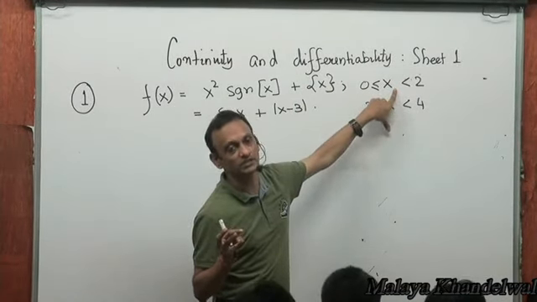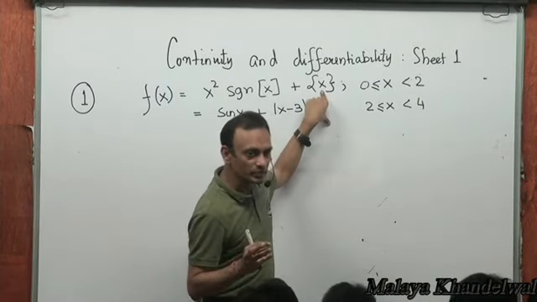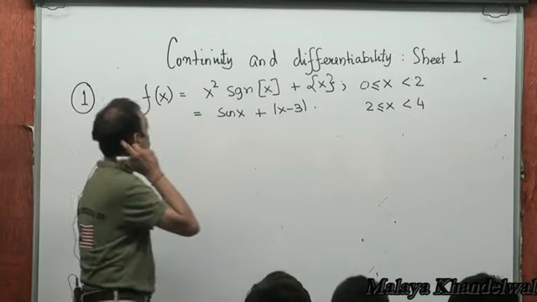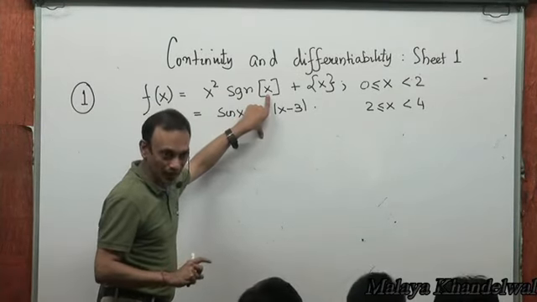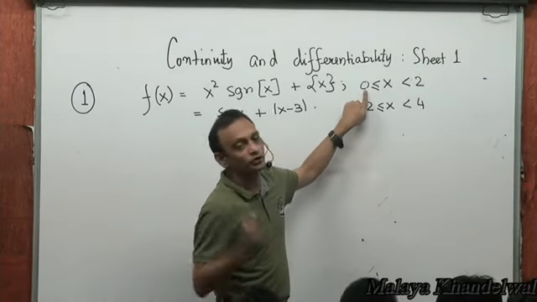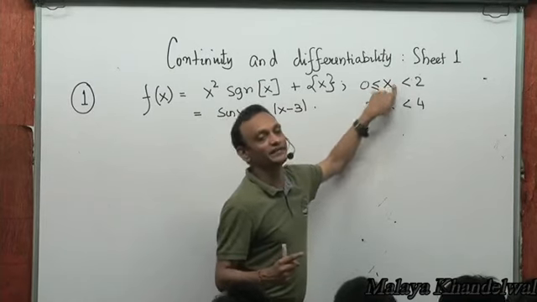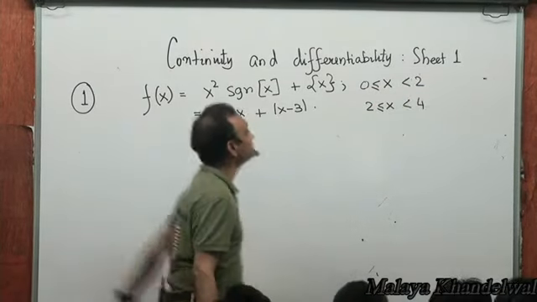Box x will also change behavior at x equal to 1, so this interval has to be broken down into two intervals, 0 to 1 and then 1 to 2.